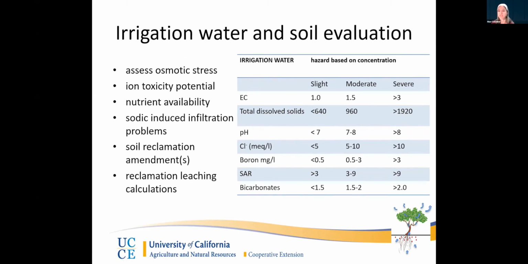EC is an indicator of the overall salt concentration in the soil, and this will help us indicate the susceptibility to osmotic stress.